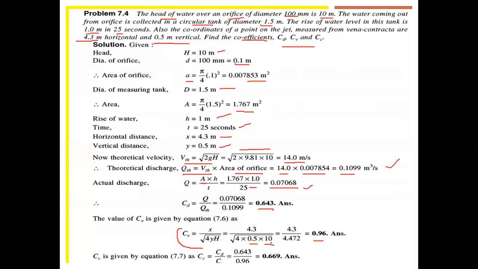Then CC is given by the equation CC is equal to CD by CV, that is 0.643 divided by 0.96. So we have found CD, CV and CC.